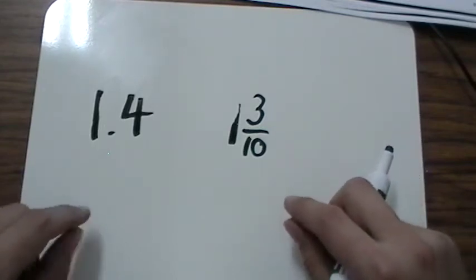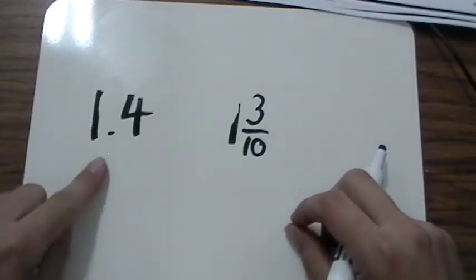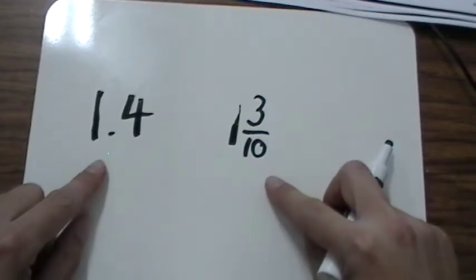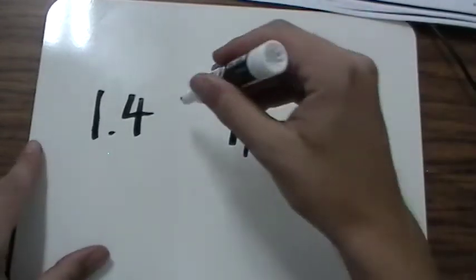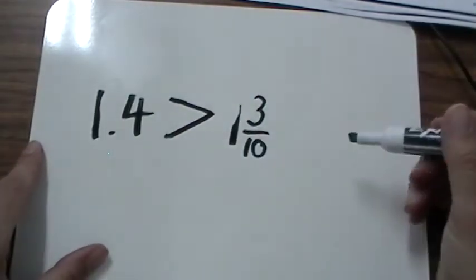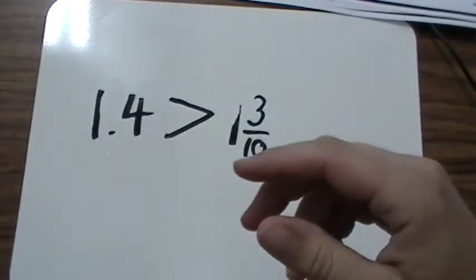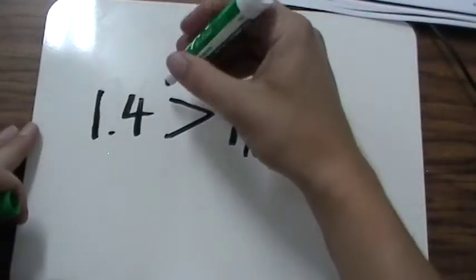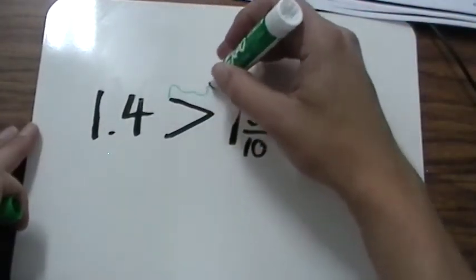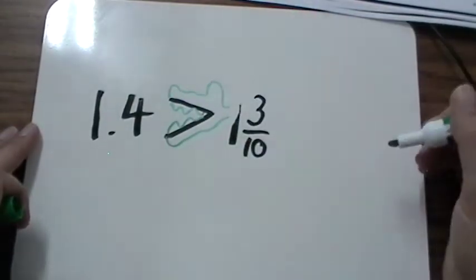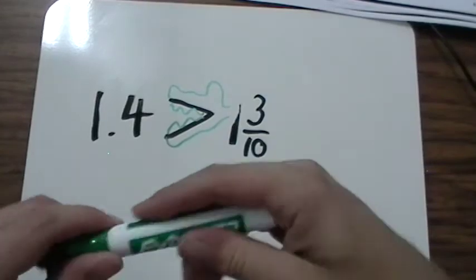Which one's bigger? Listen to me say it again. 1 and 4 tenths. 1 and 3 tenths. I think you can tell that 4 tenths is bigger than 3 tenths. So the number alligator, who's living in the swamp, he sneaks up on numbers and he starts to chomp. And he chomps a bigger number.